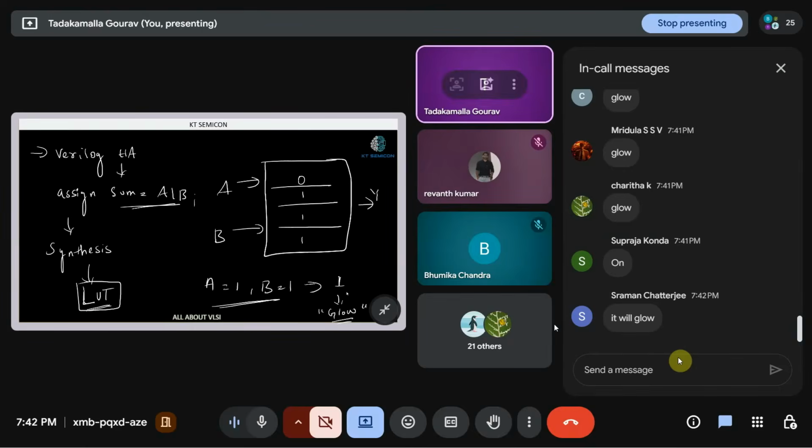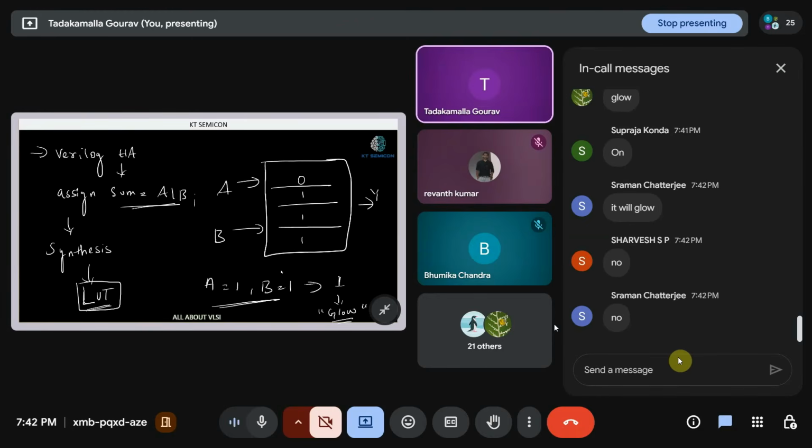But you intended to make a half adder, so is it functionally correct? No. So where did the mistake happen? It happened at the coding level.